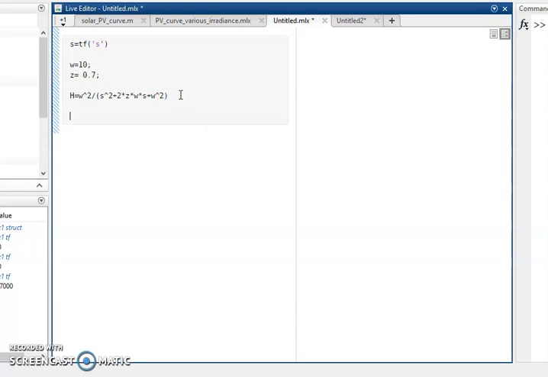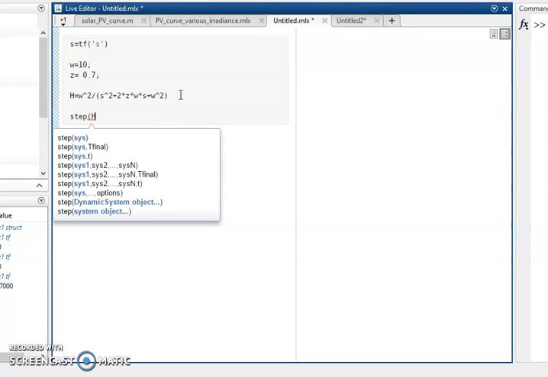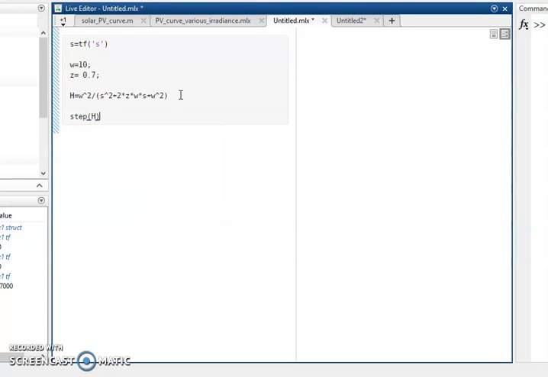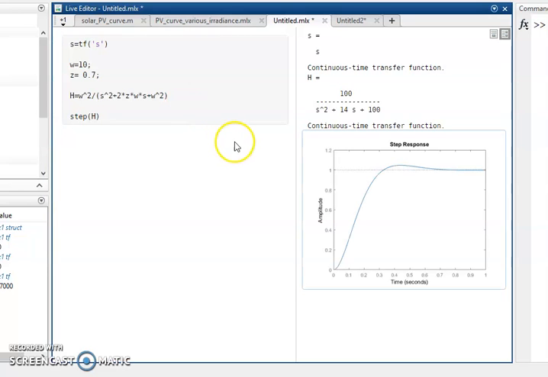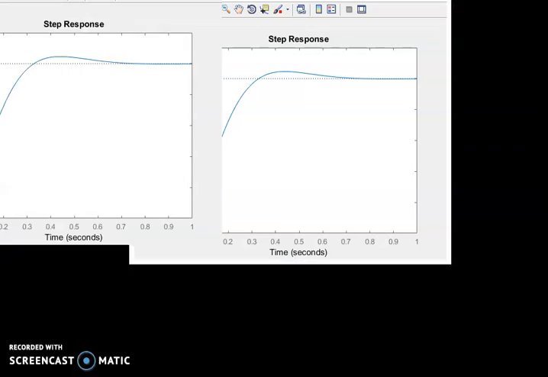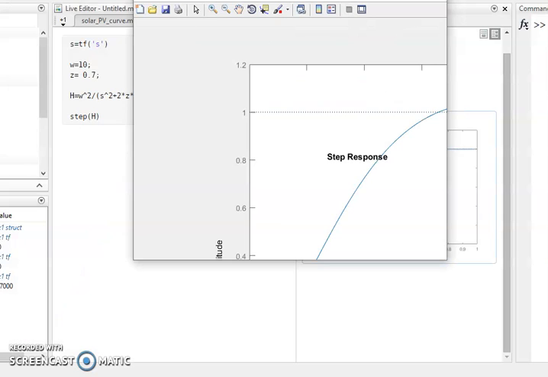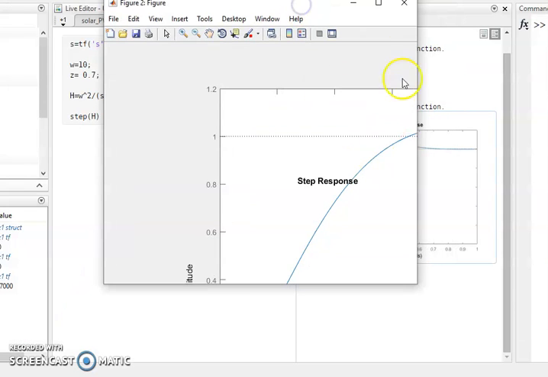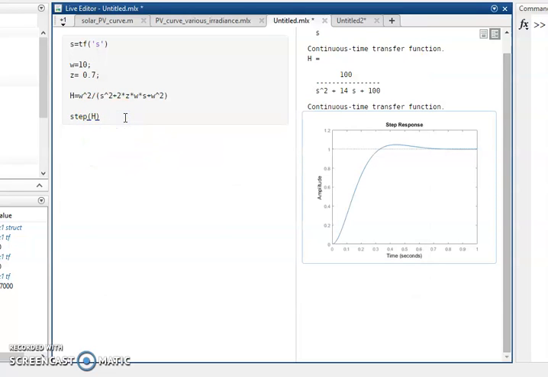Now I'm going to plot the step response of H. Here you can see the step response of that given second order system. Along with that, I'm fetching some details of the time response of the system.